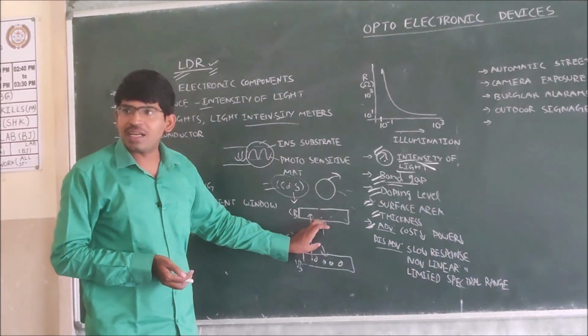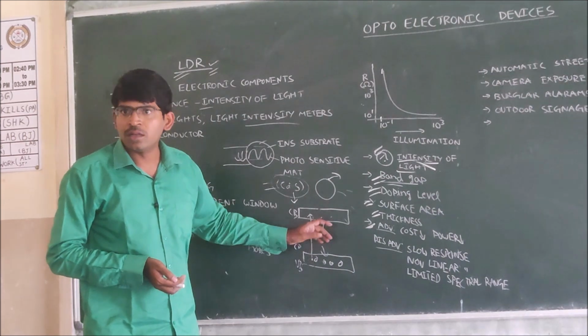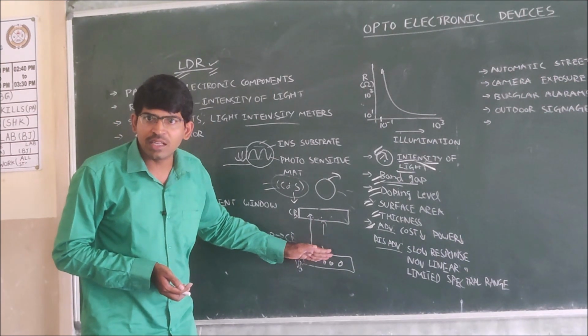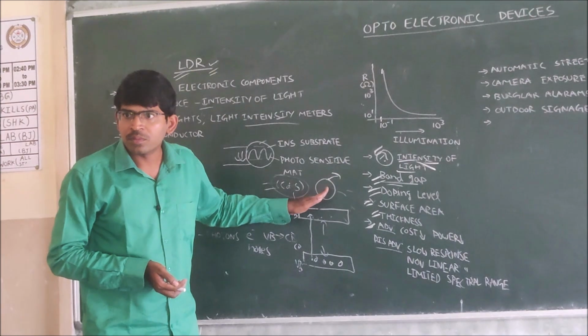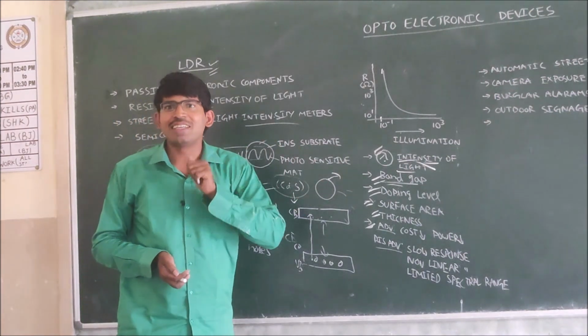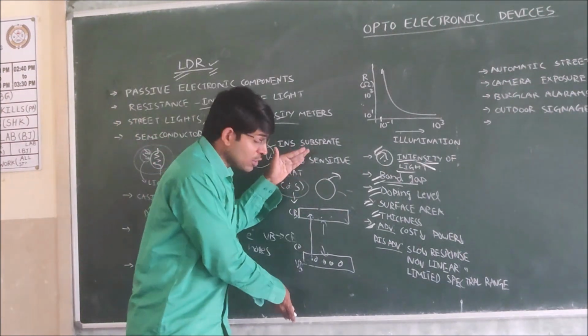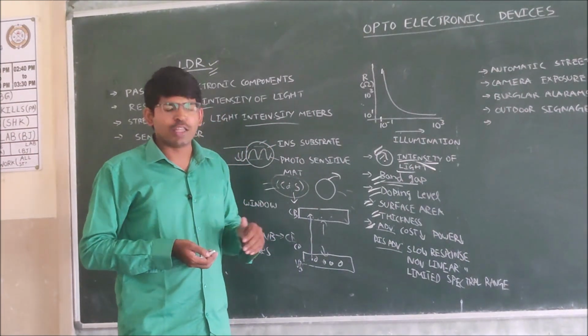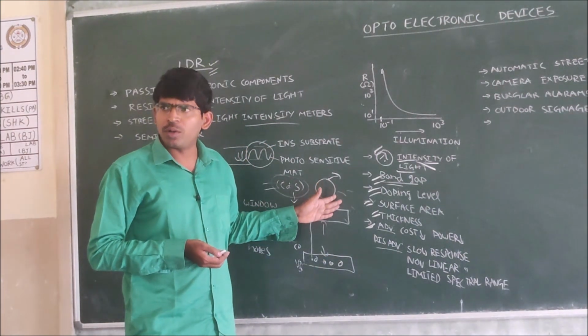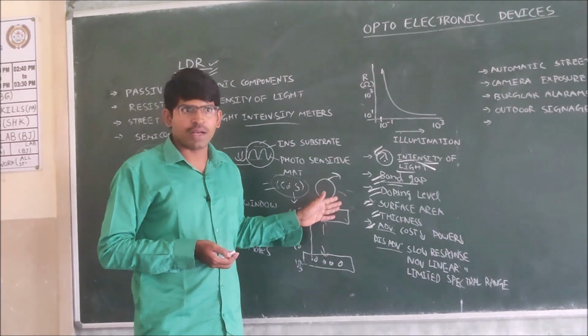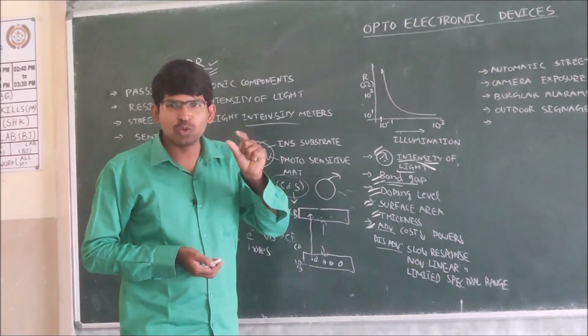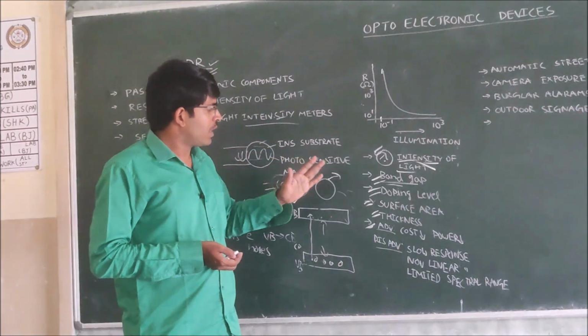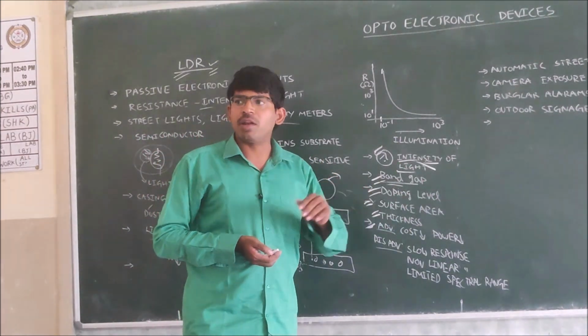If the band gap is less, then more electrons will easily go from the valence band to the conduction band, and the resistance decreases. If the band gap is more, then fewer electrons will move from the valence band to the conduction band, and the resistance decrease is less. It also depends upon the doping level.